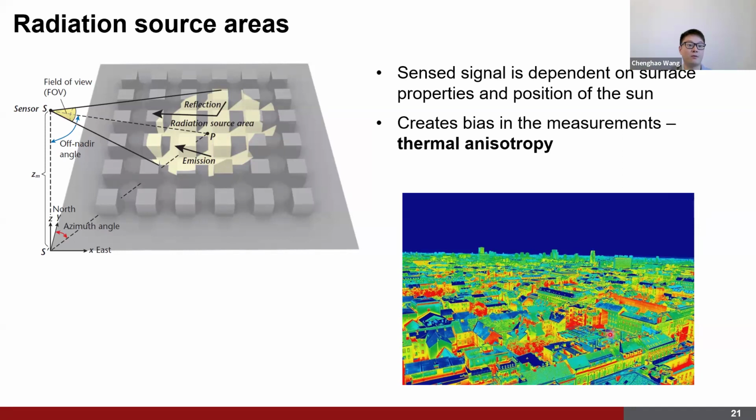So, for example, a shaded wall in the morning may reflect solar radiation in the afternoon. And this large variation we measure from a thermal camera will create a lot of potential biases. These biases are often referred to as the so-called thermal anisotropy. You might see this word often in the field of urban climate literature.